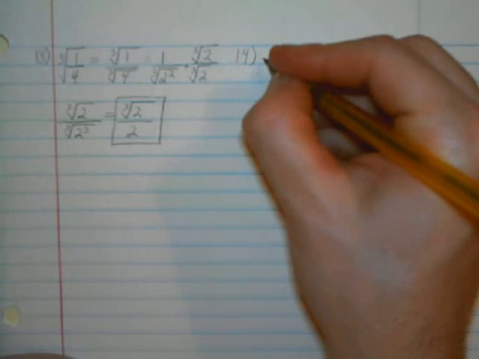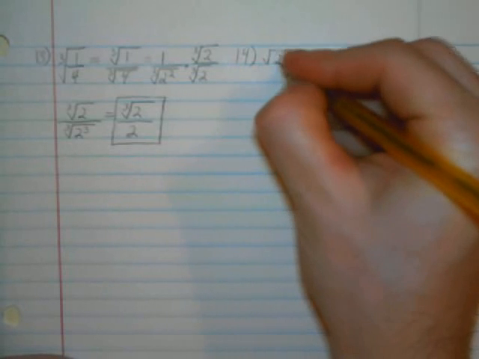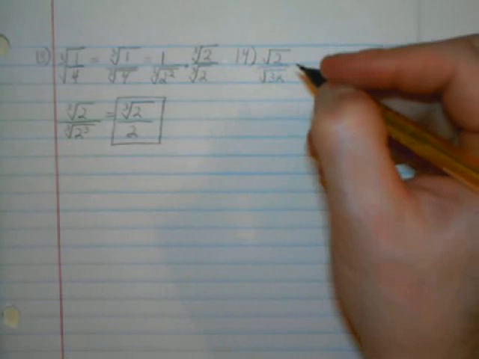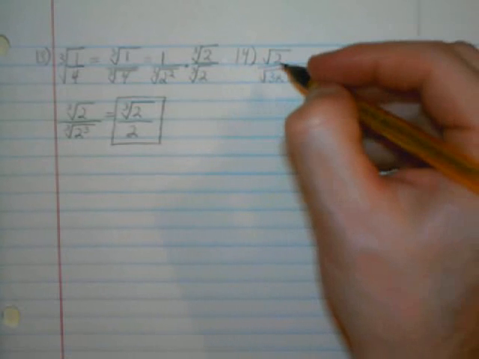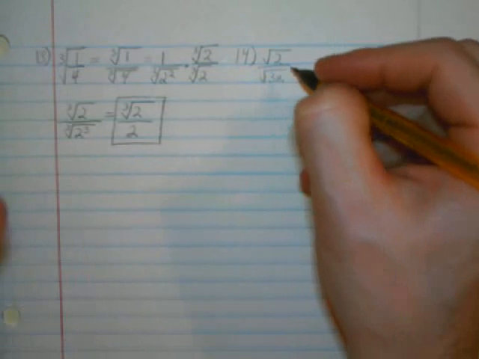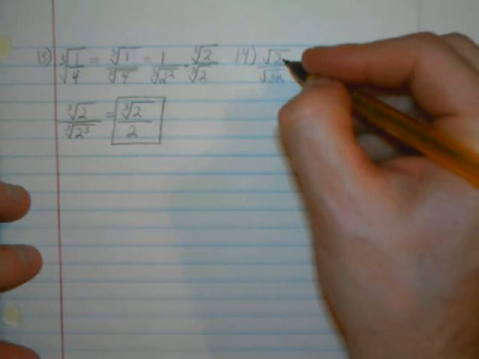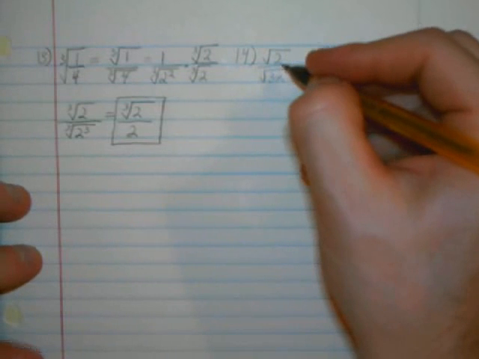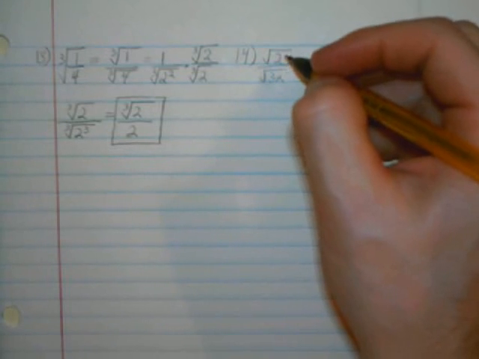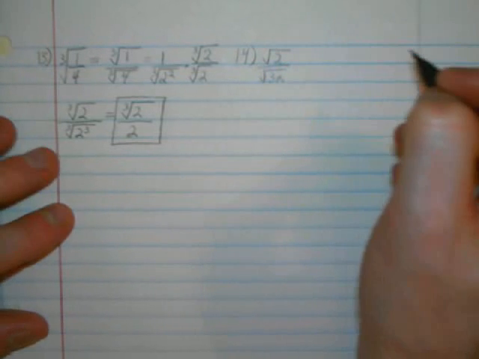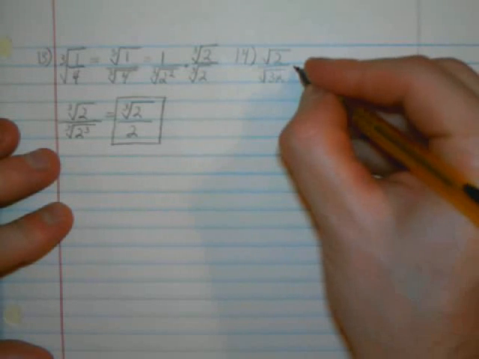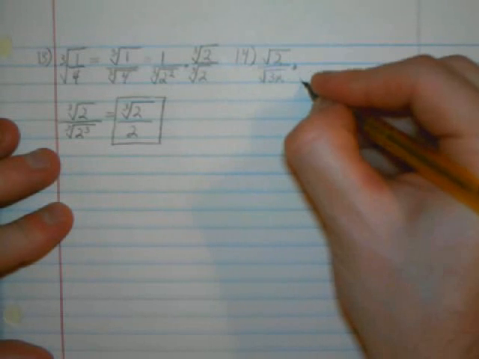Okay, for number 14, I see the square root of 2 divided by the square root of 3x. Now, looking at this, it looks like some of the ones up top where we combine that. But if I combine that to be one fraction, there really isn't any reducing that I could do, and I would just end up splitting it back up eventually anyways. So I'm going to just leave it like it is and rationalize the denominator.